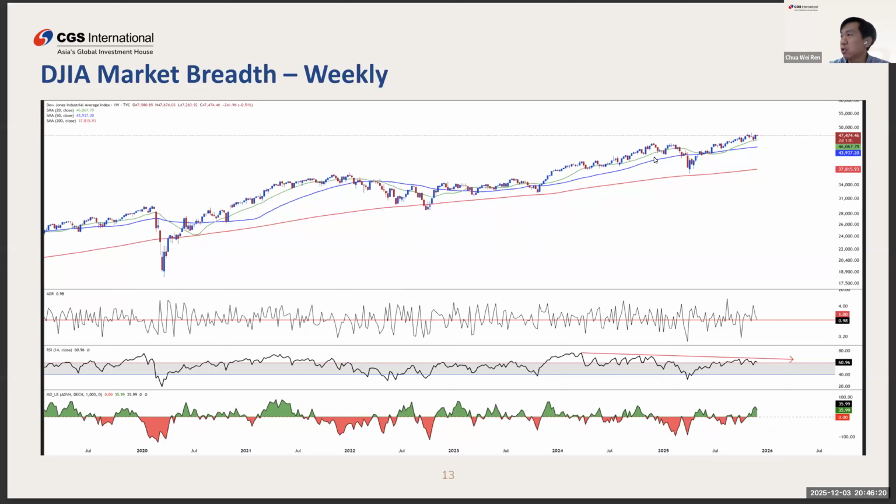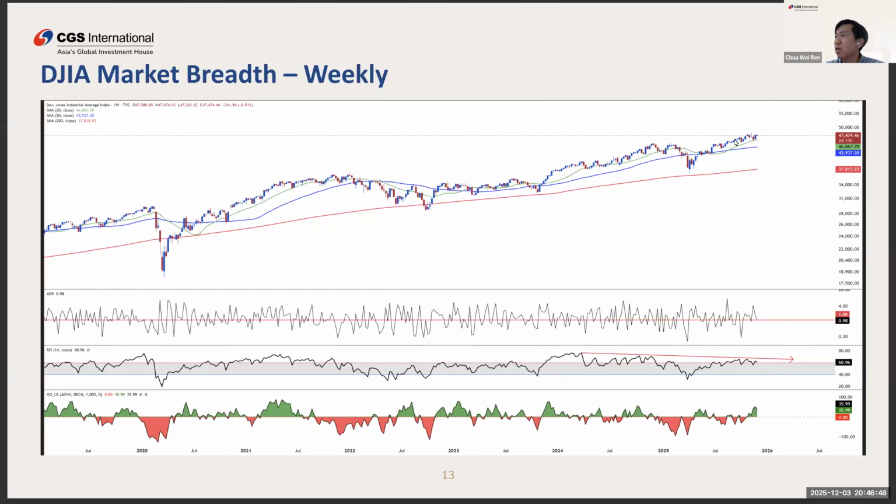This is a weekly chart that we've seen. It's still very much strong, though it still hasn't committed to a new high. We are looking at 49,000, 48,000. But you can see the ADR, the ratio, has dipped slightly after recovering from October. Momentum-wise, the RSI has been dropping, showing bearish divergence, but that doesn't mean it's going for a reversal.